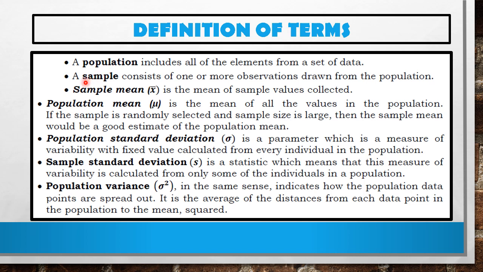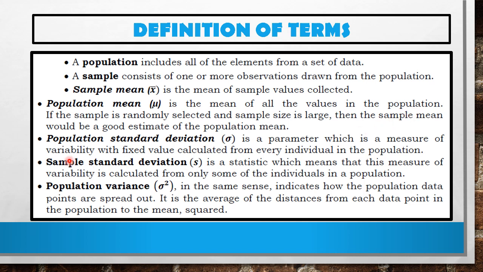And a sample consists of one or more observations drawn from the population. So it is also clear that a sample is drawn from a population. Then sample mean or the X bar is the mean of sample values collected, while the population mean is the mean of all values in the population.